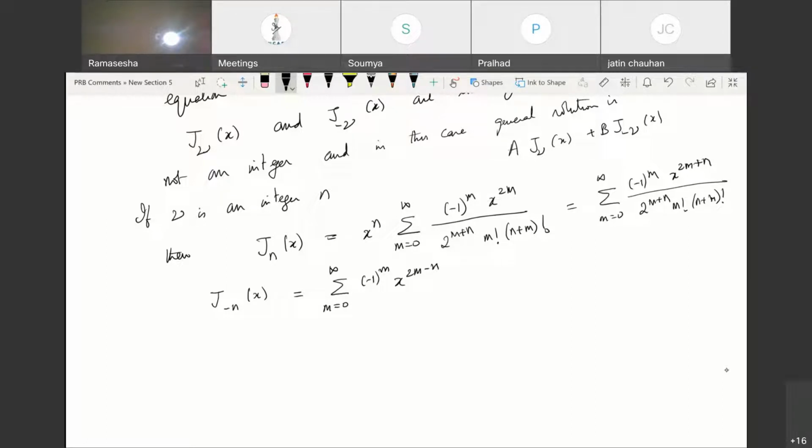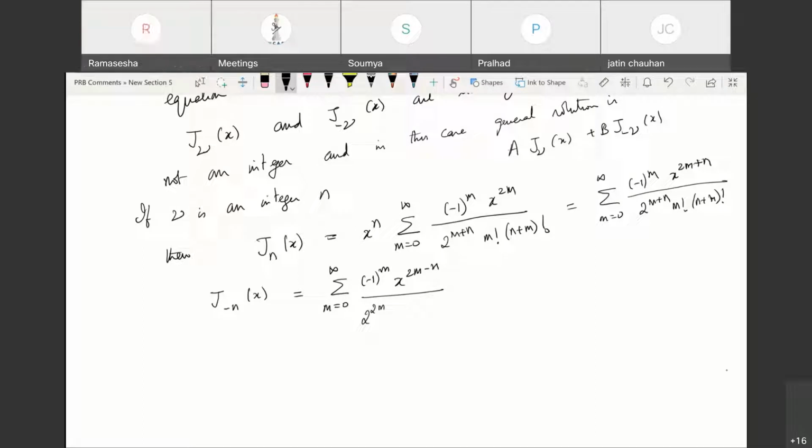because this is gamma n. So 2 to the 2m times m into m.